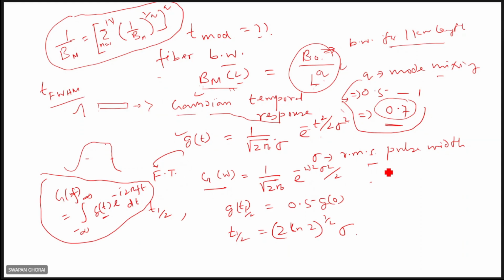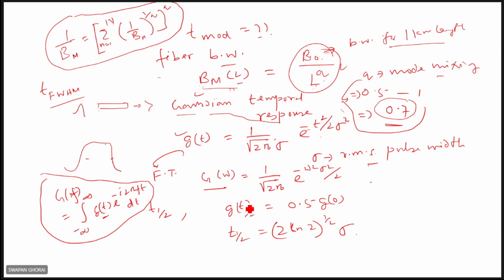Now here, one such term you have to consider, that is t half. What is t half? It is the time required for the pulse to reach its half maximum value. Then we can write g of t half as the half maximum value, that means 0.5 of g0, where g0 is the maximum value, right?